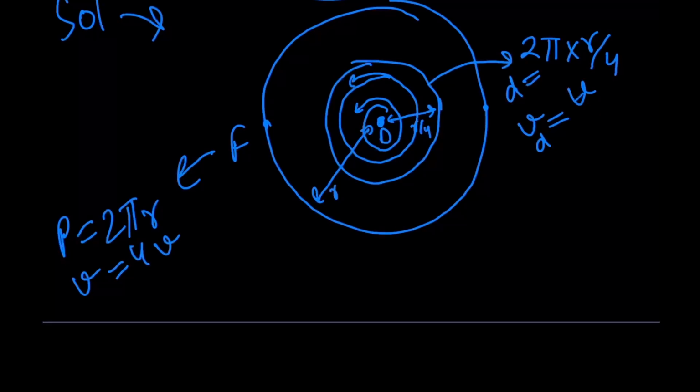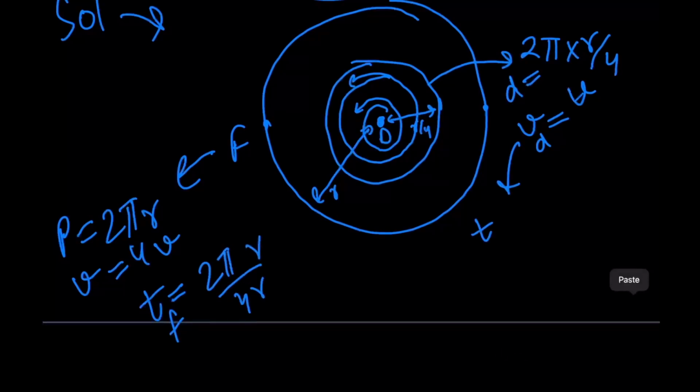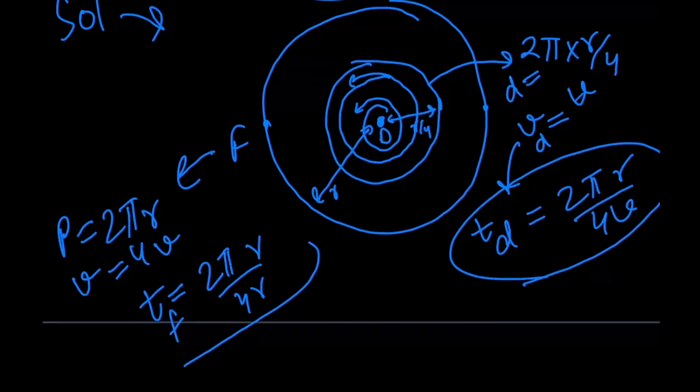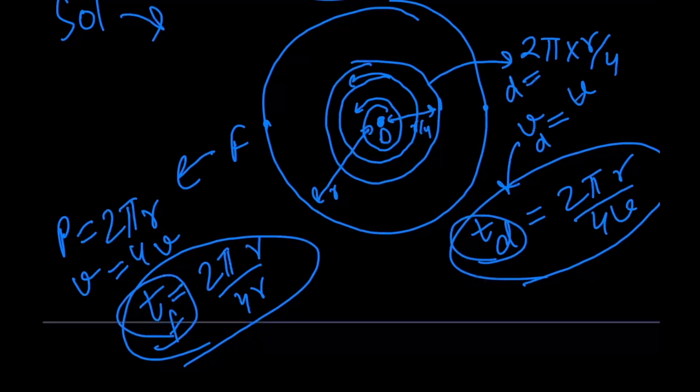If you calculate the time it takes to do one full revolution, for the fox this comes out to be 2 pi r/4v, and for the duck, it comes out to be 2 pi r/4v. So it's the exact same amount of time. And for any circle slightly smaller than r/4, the time for the duck will be less than the time for the fox.